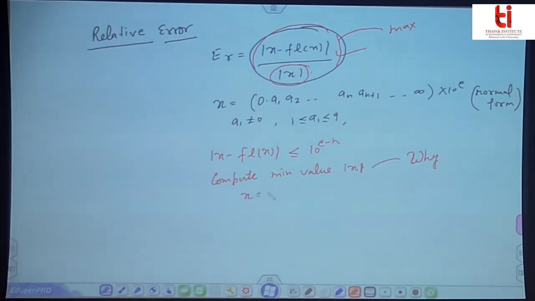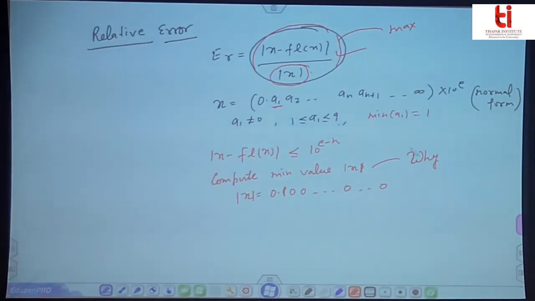So mod of x will be minimum whenever we take a1 as 1 and all the values a2, a3, ..., an are 0. What is a1? a1 should lie from 1 to 9, so the minimum value of a1 is 1.